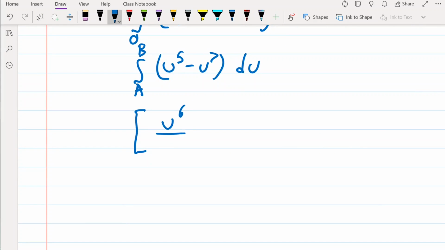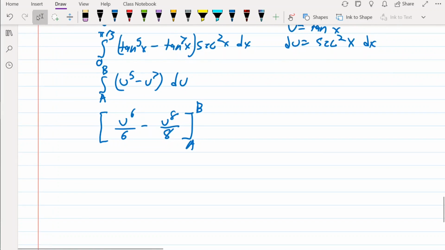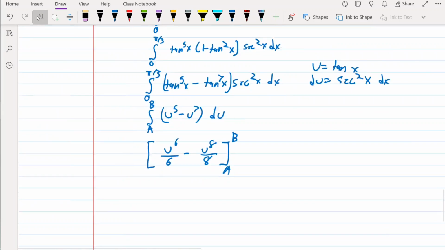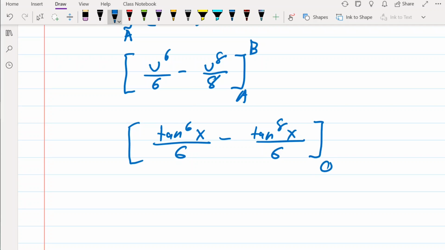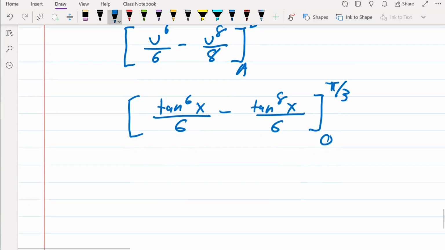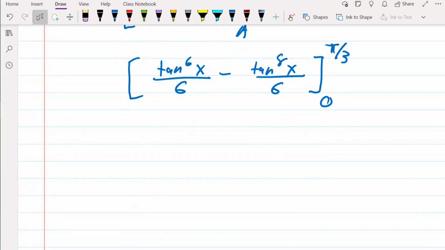So u to the 6 over 6 minus u to the 8 over 8 from alpha to beta. And then we put tangent back in. So we're going to have tangent to the 6 x over 6 minus tangent 8x over 8 from 0 to pi over 3. And then we will input.